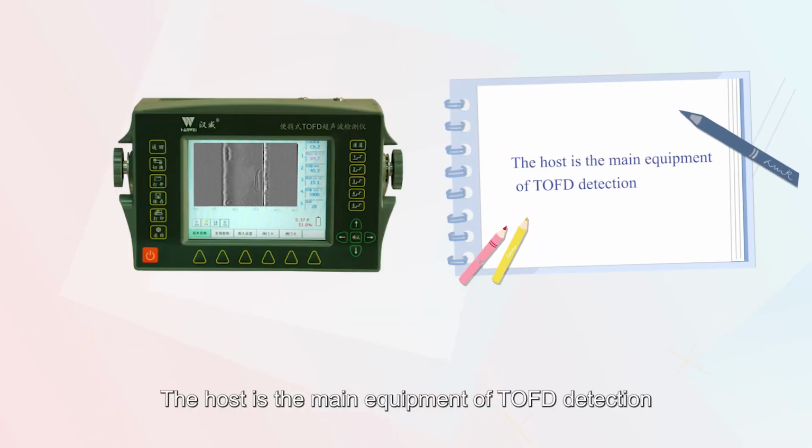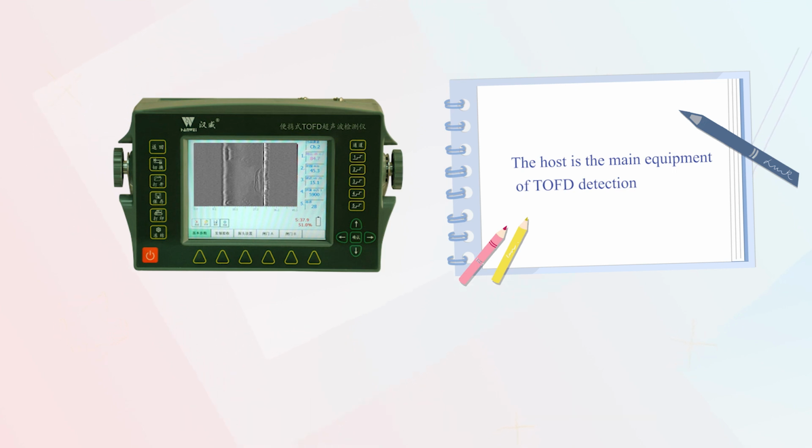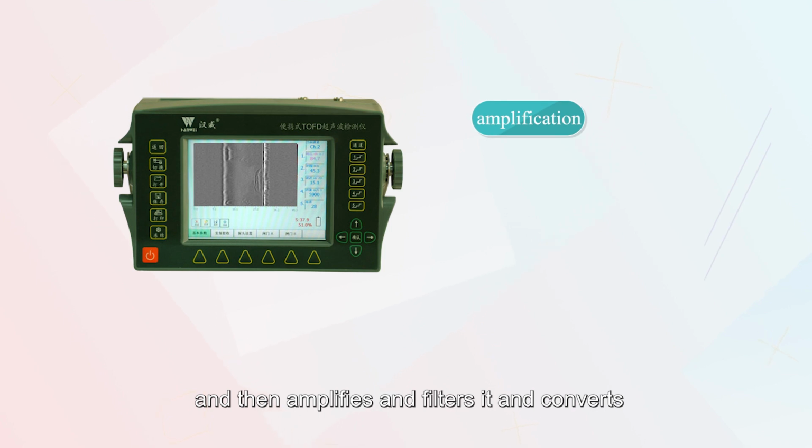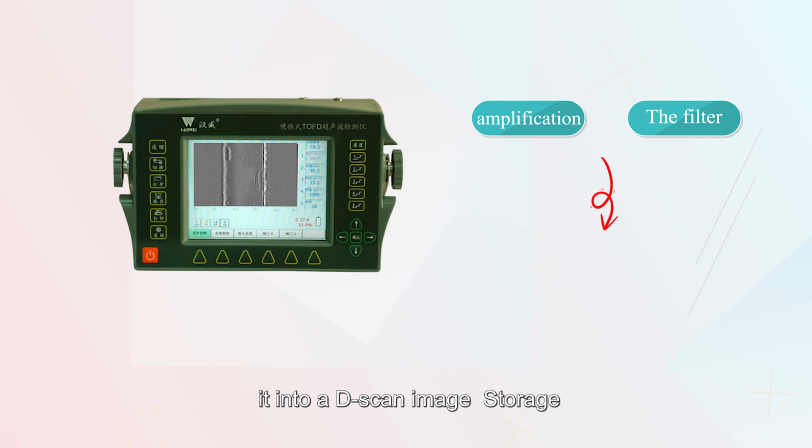The host is the main equipment of TOFD detection. It mainly completes the excitation pulse to make the probe work and relies on the encoder to sequentially record the ultrasonic signal returned from the probe, then amplifies and filters it and converts it into a D-scan image.